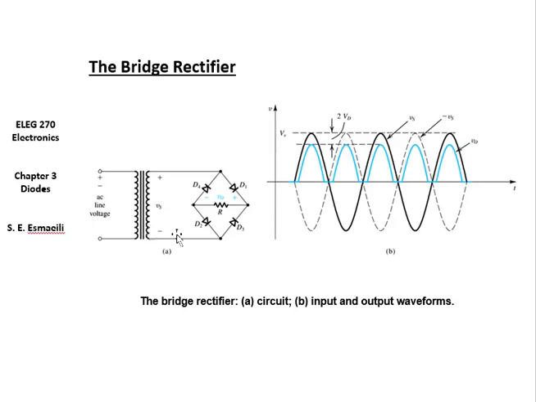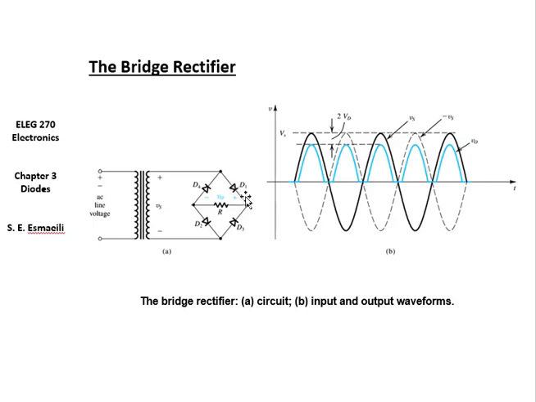Now imagine the negative cycle. In the negative cycle, here is going to be positive, here is going to be negative. So here, then here is going to be positive, right? Then we get here. So which one will pass? D3 will pass, because D2 is going to be off. So D3 will pass, then we'll come here.